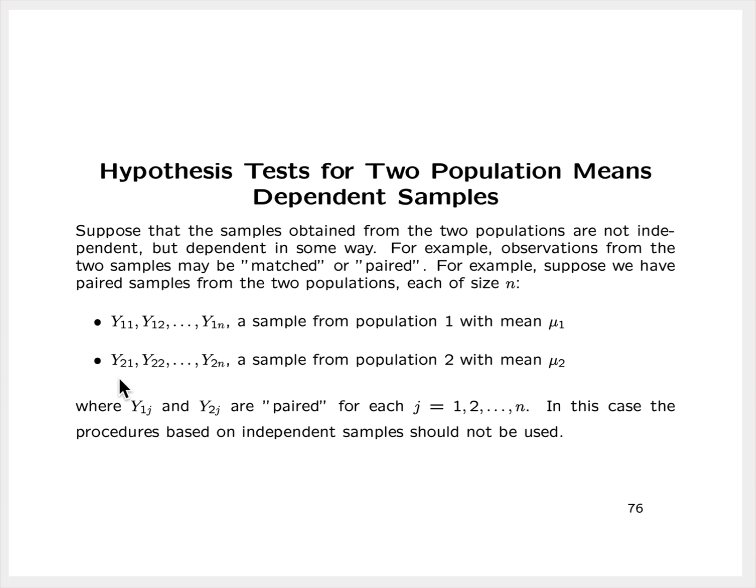Well, if the correlation between the two observations is non-zero, then they cannot be independent. All right, and so the procedures for independent samples should not be used. If we were to use them, then we would most likely be throwing out a lot of power.